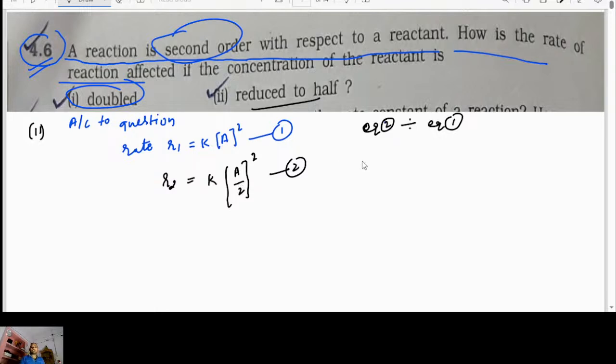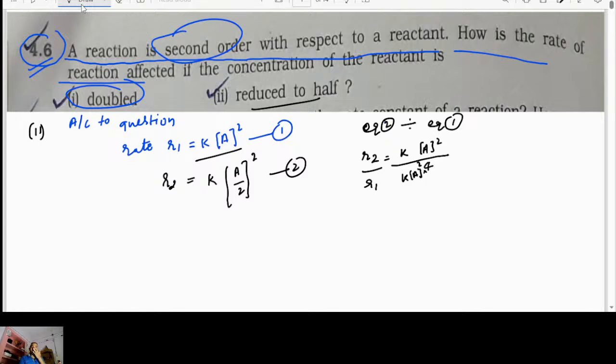Here R2 is equal to K, with A square as it is, divided by 4, and here it is divided by R1. R1 value is K A square. So, K is there, student, and A square will be here as it is, and here multiplied by 4 is there as it is.